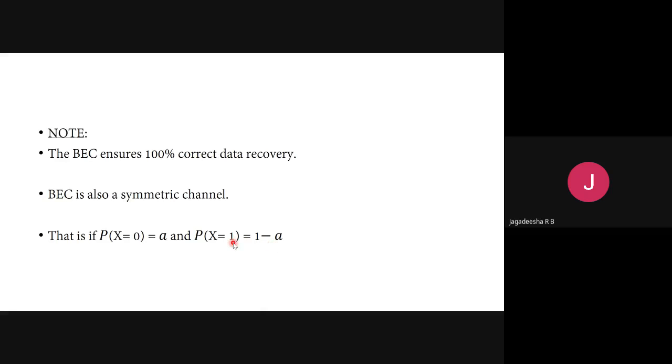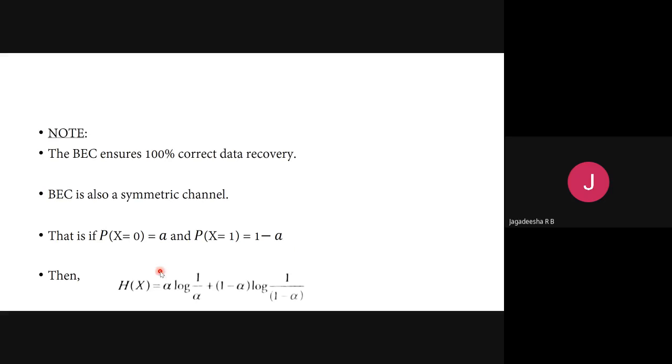If 1 is transmitted with probability 1 minus a and it is received correctly with some probability p, then it is received wrongly with probability 1 minus p. That's the idea of symmetry. So one is p, 1 minus p, or pi, 1 minus pi, and so on.